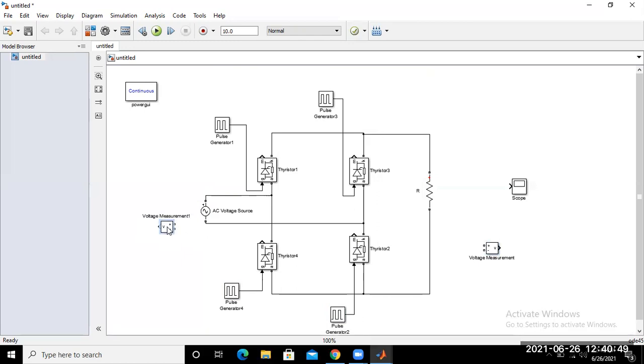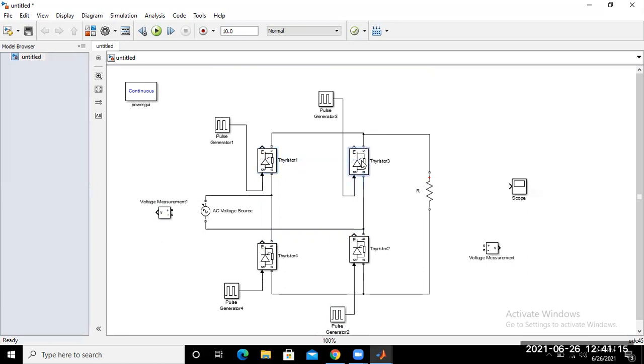Now move this thyristor upward, this thyristor also.